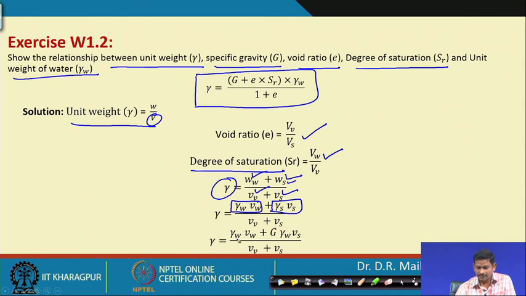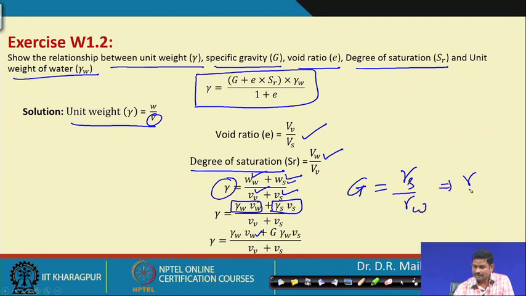Now, gamma is equal to rho_w V_w, and here, where is G? Look at this, rho_w V_w plus... G is the specific gravity. So the specific gravity G can be written as rho_s by rho_w, right.